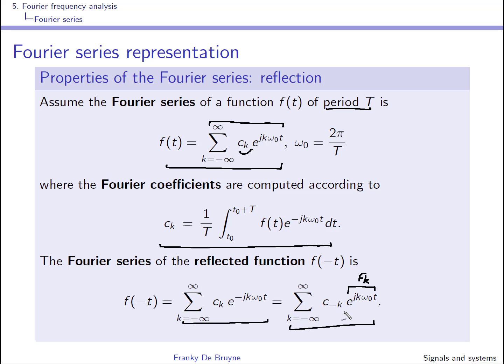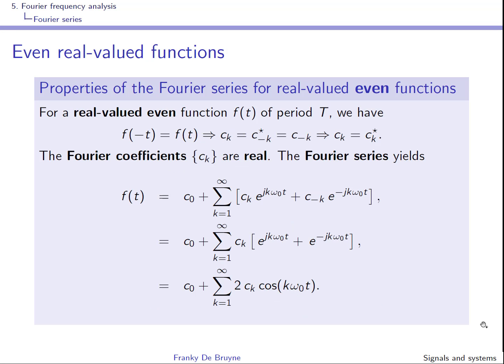So you can obtain the Fourier series for the reflected function from the original function by simply reflecting the Fourier coefficients. So what we can do now is use the preceding result to have a look at the Fourier series of a real valued even function and a real valued odd function in the next slide.